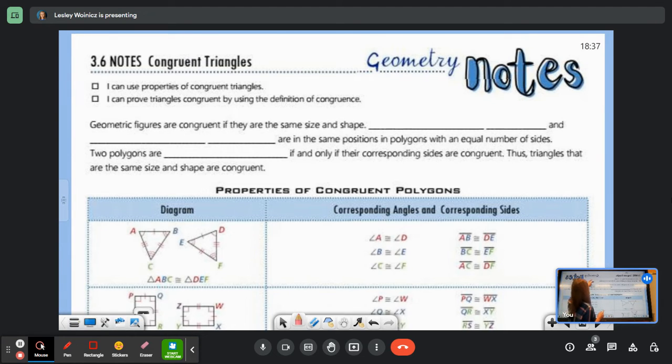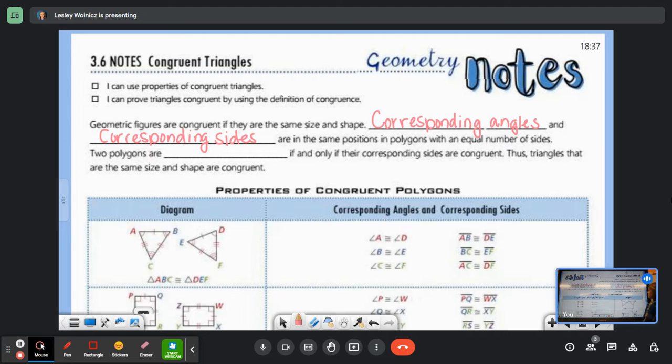Okay, corresponding angles and corresponding sides have to be in the same positions in polygons, and they have to have an equal number of sides.